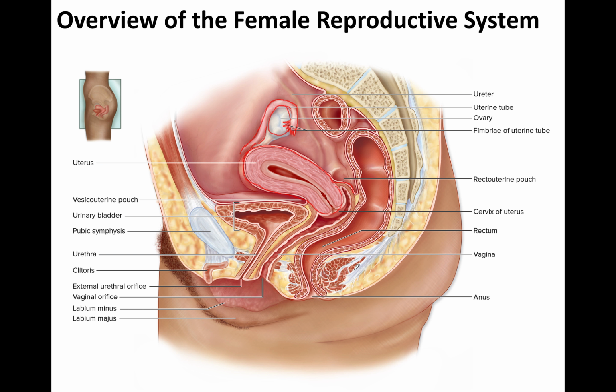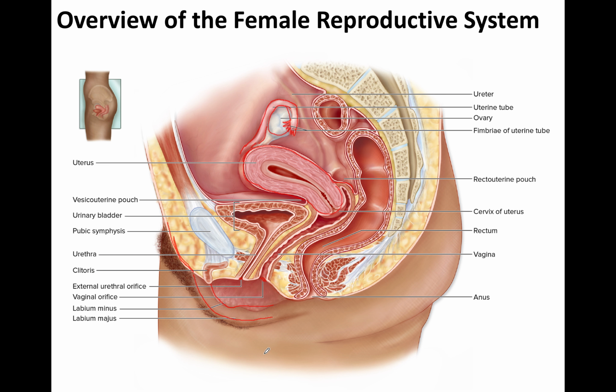In terms of external genitalia, the woman is going to have a mons pubis, which is this little mound right here in the front of the reproductive system. She will have two skin folds, one here, which is going to be the labia majora, and this one more internal is the labia minora. This is going to be the vaginal opening.